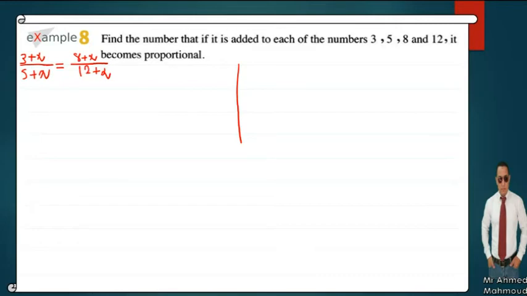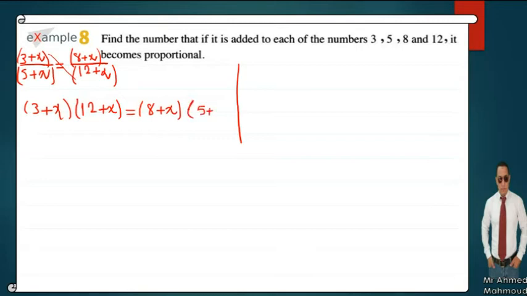Okay, now I will make cross multiplication by using the first property. Then (3 + x) times (12 + x) equals (8 + x) times (5 + x).